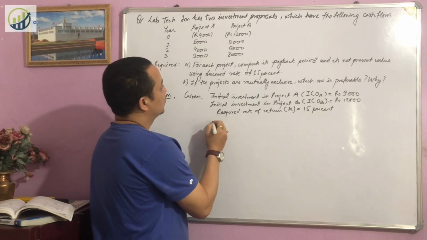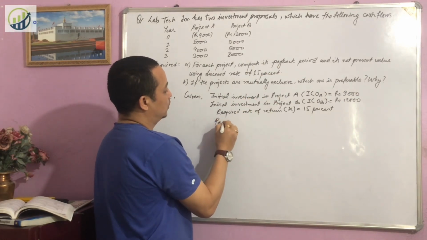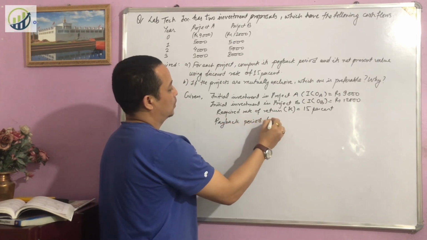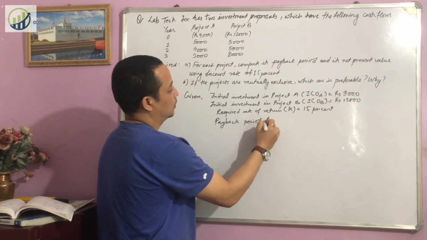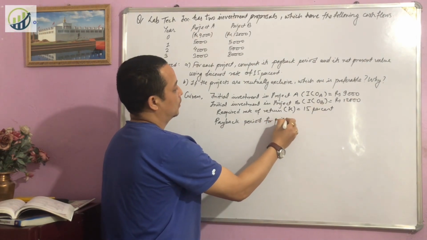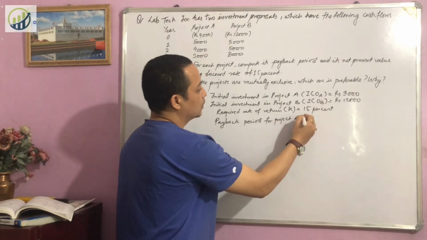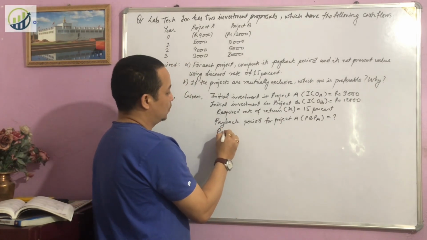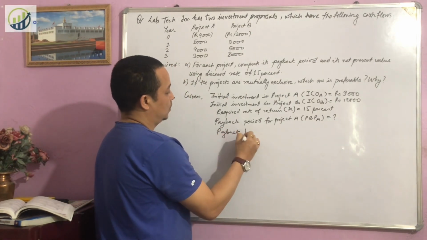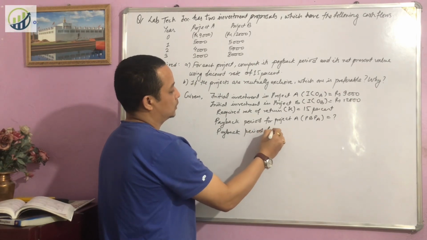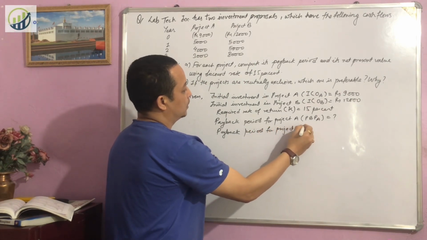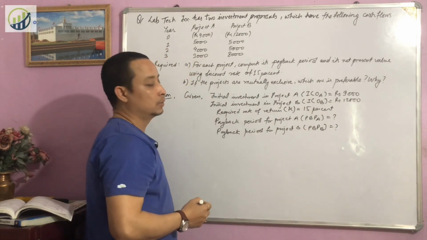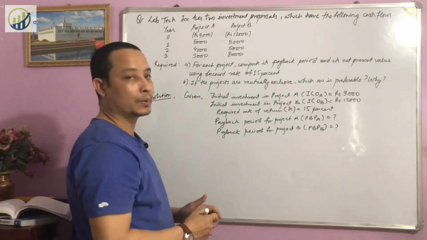Now you are asked to find the payback period for project A, PBP A equal to what, and the payback period for project B, PBP B. So first you have to find the payback period.